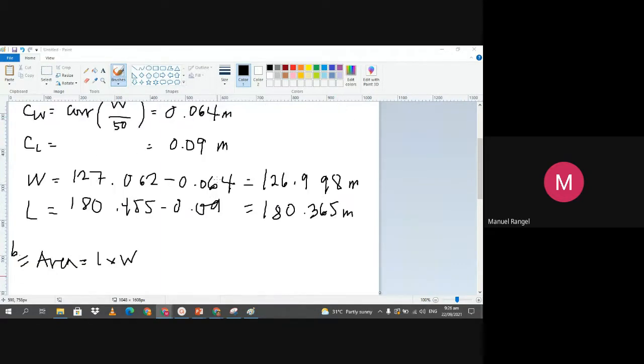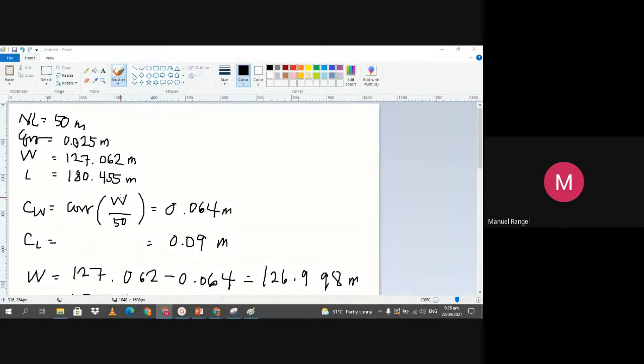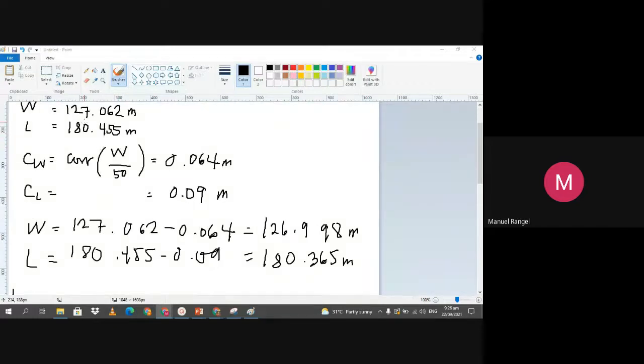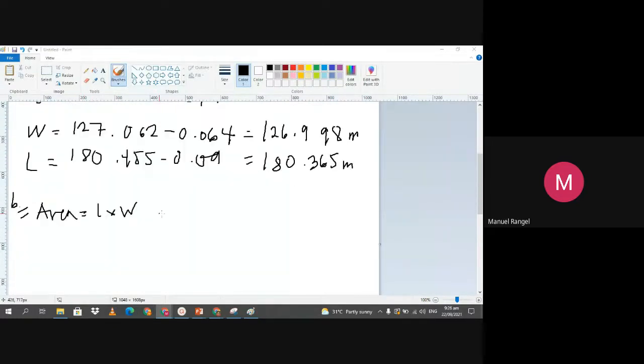The original is 180.455 times 127.062, so the original area is 22,928.973 square meters. That is based on the uncorrected dimensions.